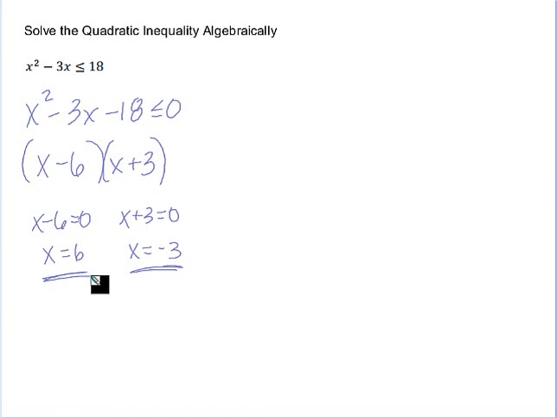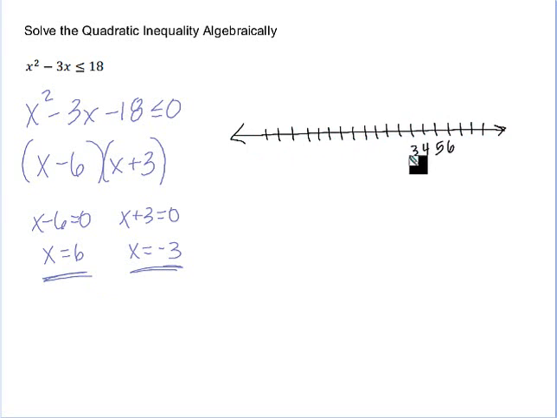So this gives us two different points. So from there, we're going to put our two different points on a number line. So we need all the way from positive 6 to negative 3. So 6, 5, 4, 3, 2, 1, 0, negative 1, negative 2, negative 3. And then we can fill our number line in. And then we're going to mark those 2 points.